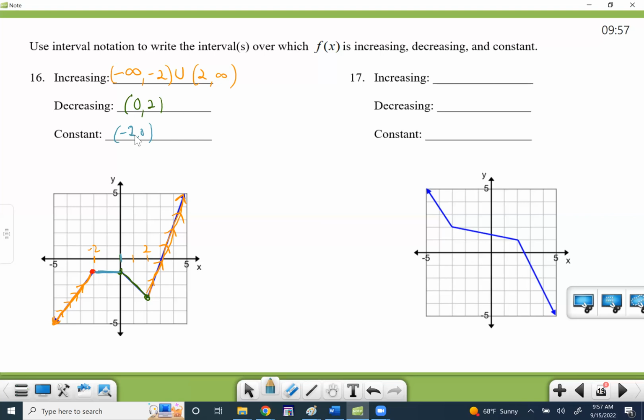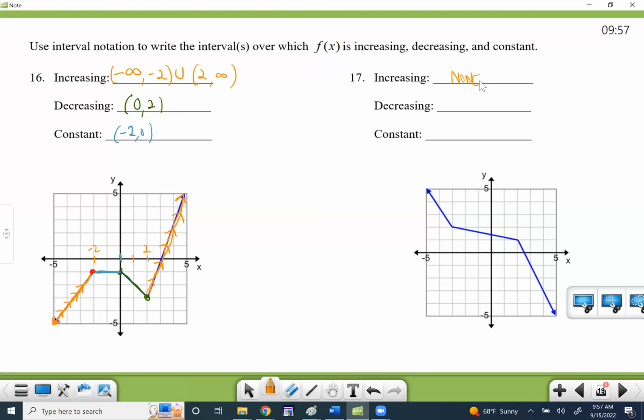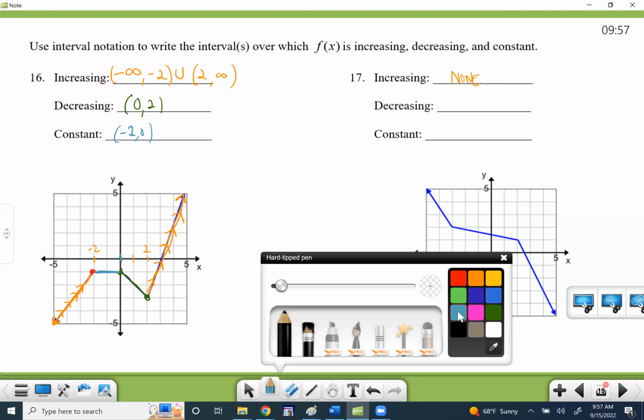So it turns out we're never increasing, right? So the interval on which it's increasing would be none. This graph is never going up. It looks like it's always going down, right? Okay, so then if we're looking at when it's constant, I don't see this thing ever being constant. So this would also be a none for the constant, right?